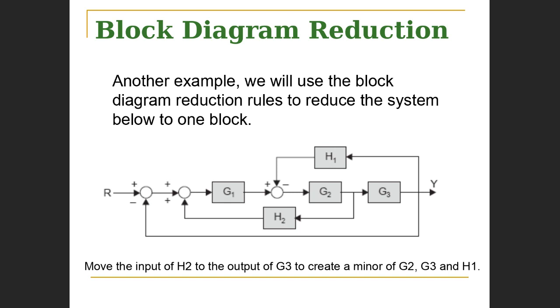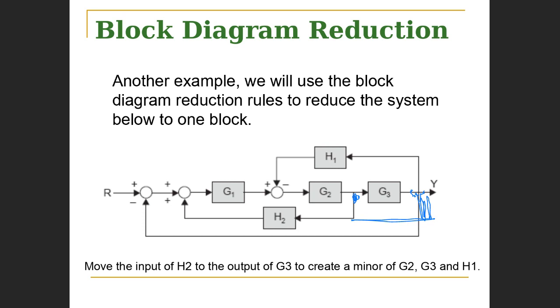So let us say, for argument's sake, we want to move this pick-off point from here to here. So it should look something like this, right? What do we need to do? Simply put, we are moving the pick-off point from the input of G3 to the output of G3, which simply means that the signal that we're getting at the end here would have already passed through G3.